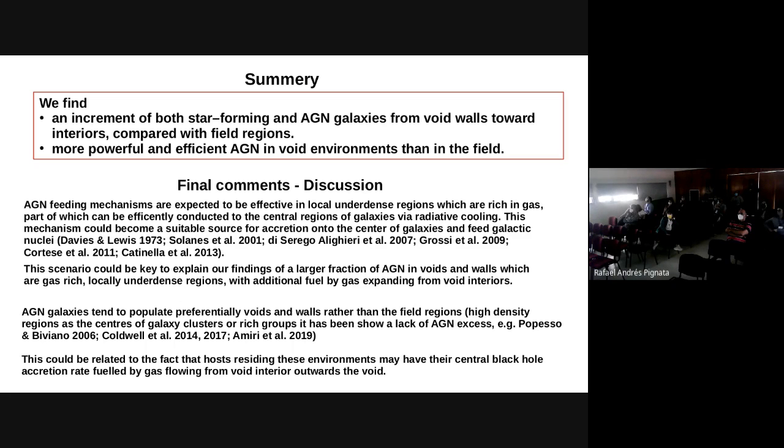Our most important result is that we find an increment of AGN galaxies in void environments, and these galaxies are the more powerful and efficient galaxies in our samples. So AGNs in voids are more powerful and more efficient than galaxies in the field.